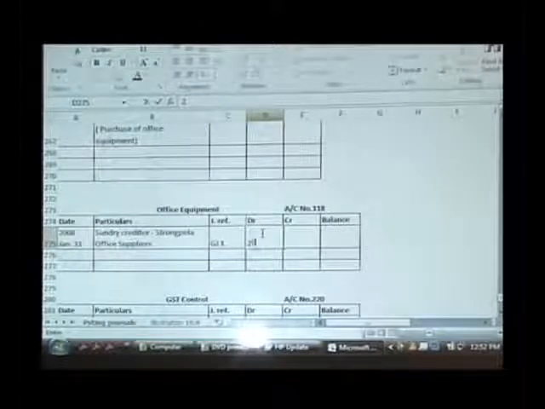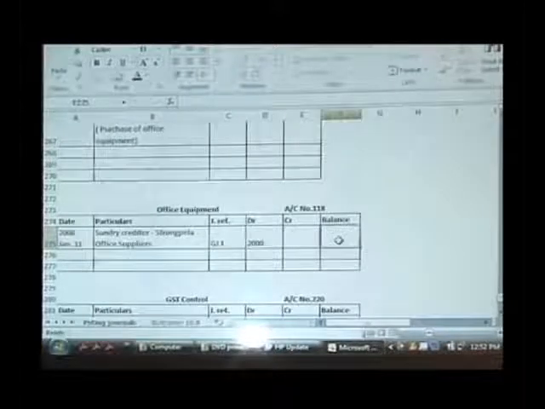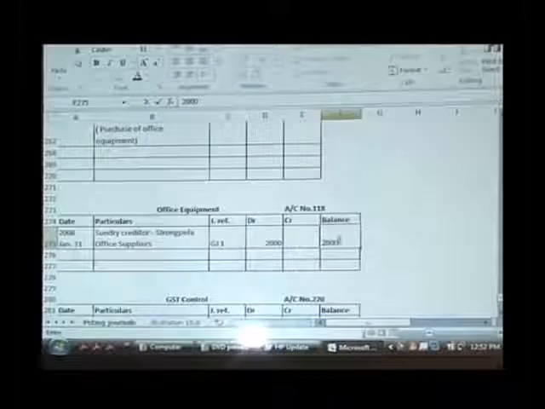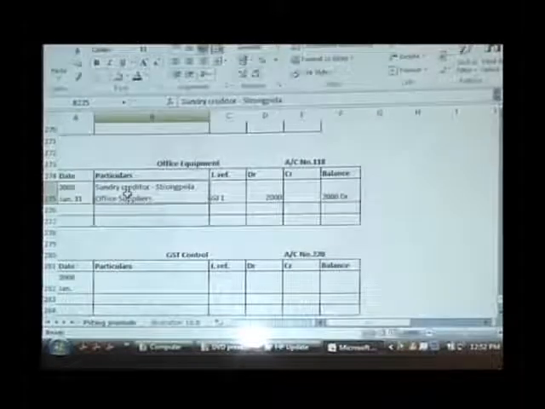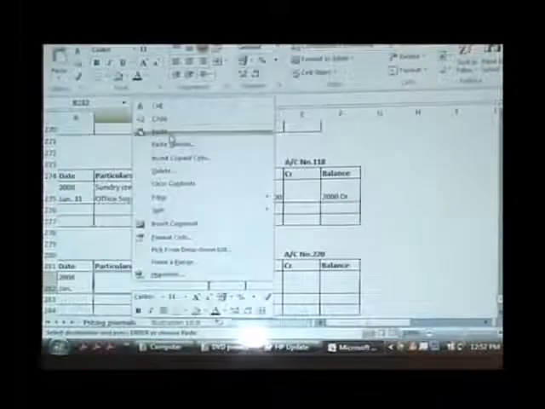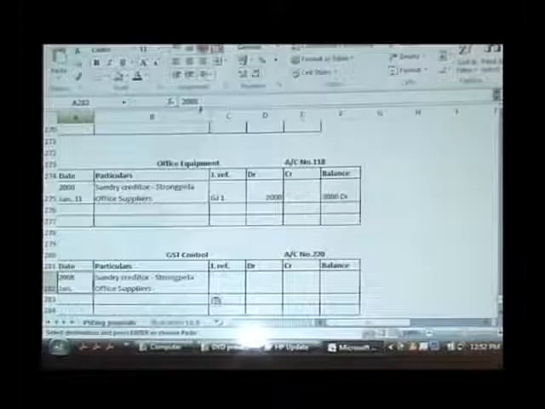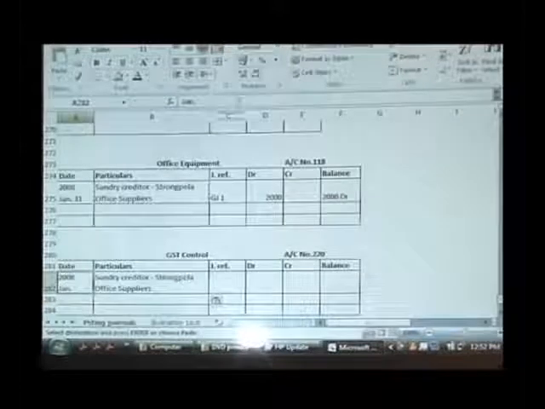The cost of the equipment is 2000, therefore 2000 debit, and GST control debit 200, January.